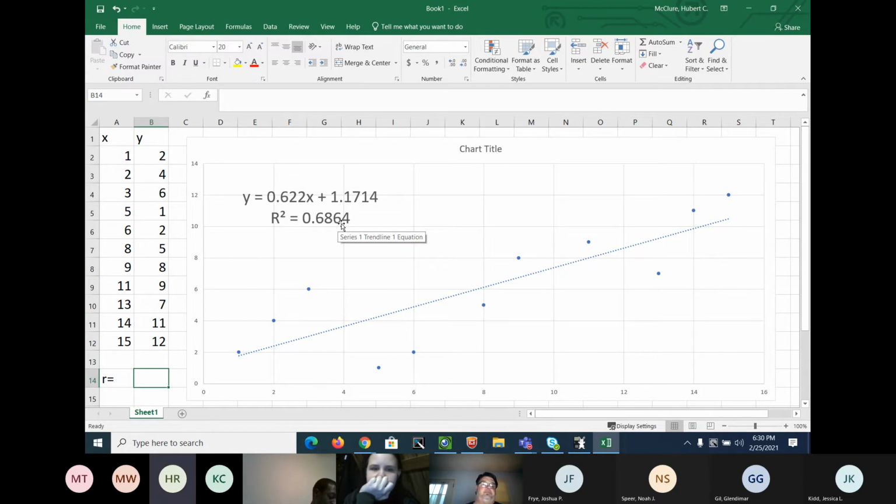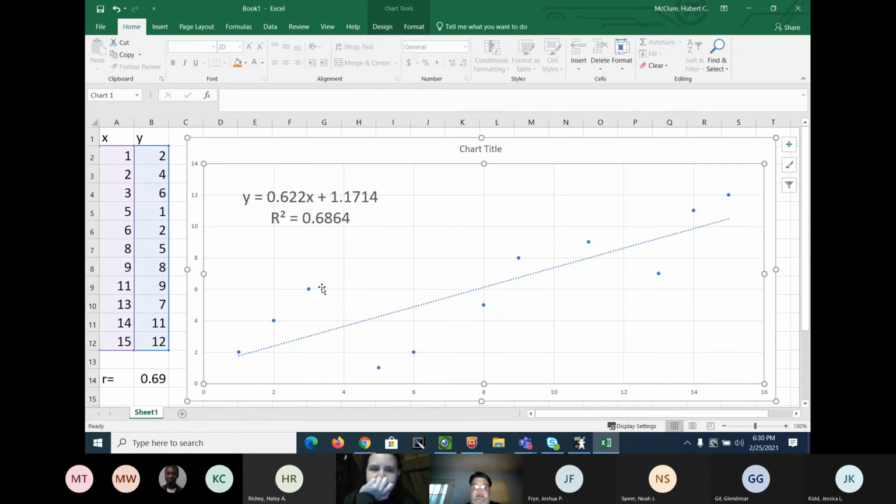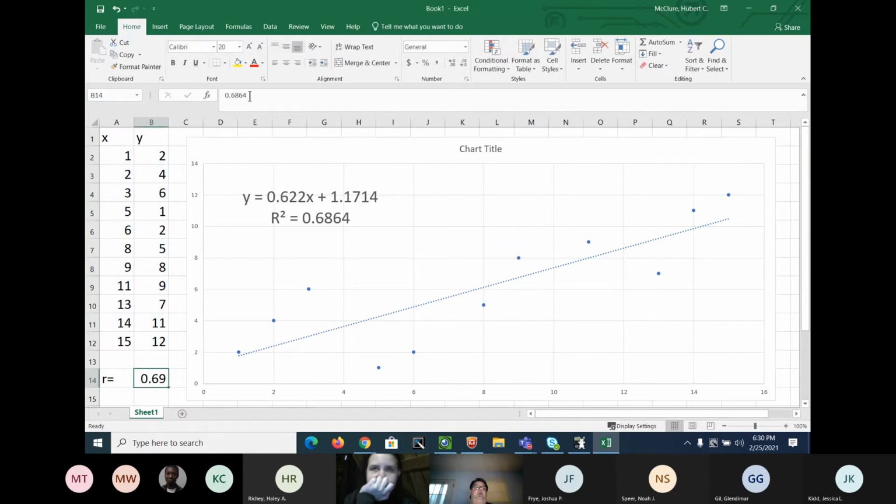Take the square root, or raise it to the 0.5 power. 0.6864 raised to the 0.5 power. Hold on a second. Equals. There we go.